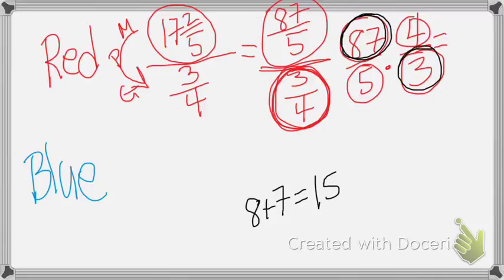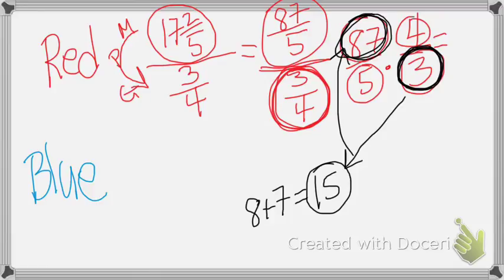If that result, which is 15 here, is divisible by 3, then the number whose digits I used is also divisible by 3. So I can look at that, and I know there's got to be a 9 over here.